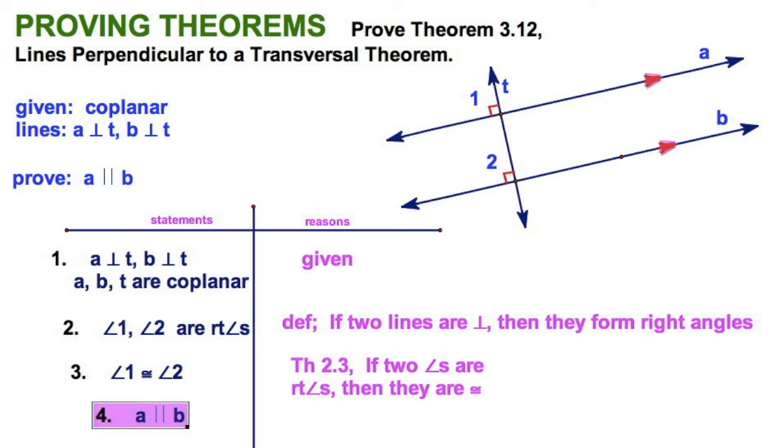So A is parallel to B, because postulate 16, the converse of the corresponding angles postulate, says, in my very abbreviated shorthand, if 2 lines are crossed by a transversal such that corresponding angles are congruent, then the lines are parallel. And there you have it. That's the proof of the day.